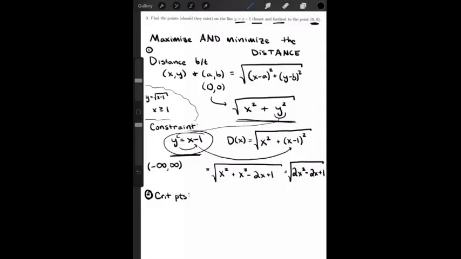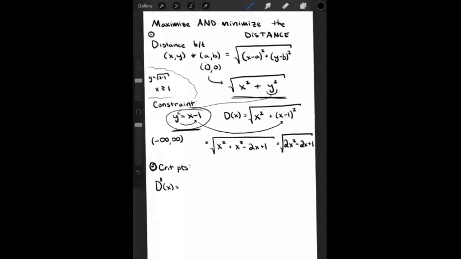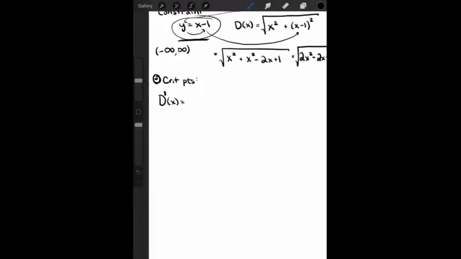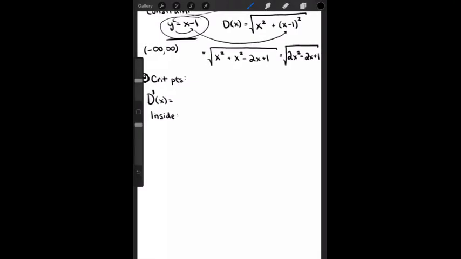So first we need to take that derivative. So this is going to be an instance of the chain rule, because d of x is a polynomial being plugged into the square root of x. Now I can see it.